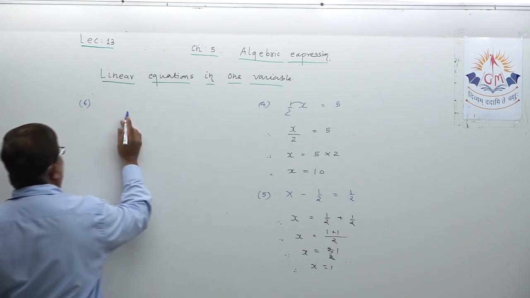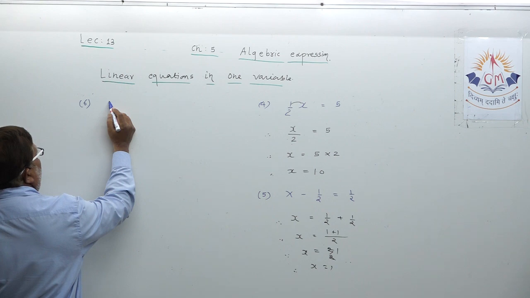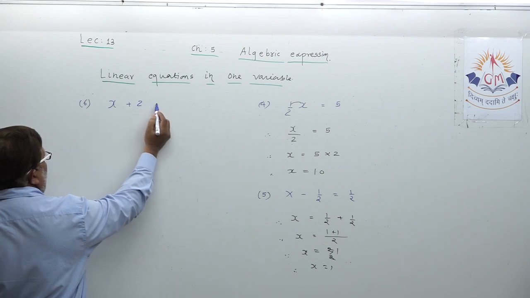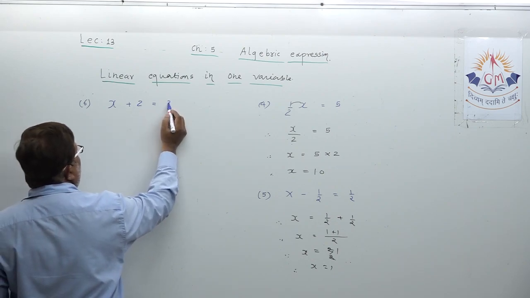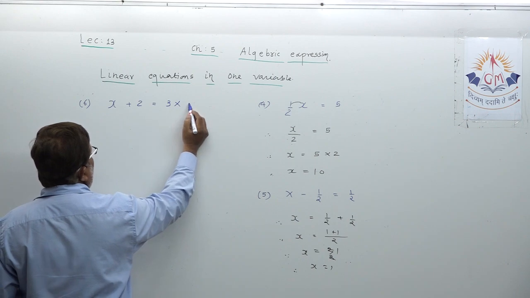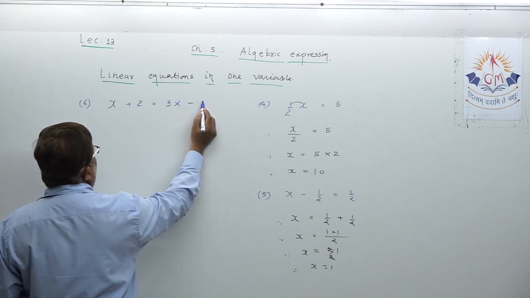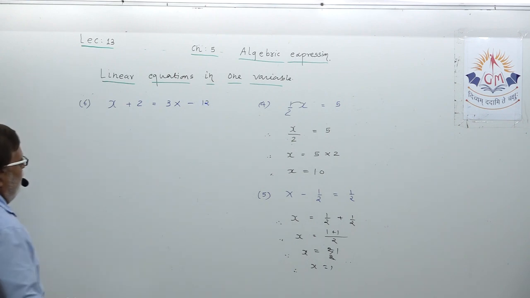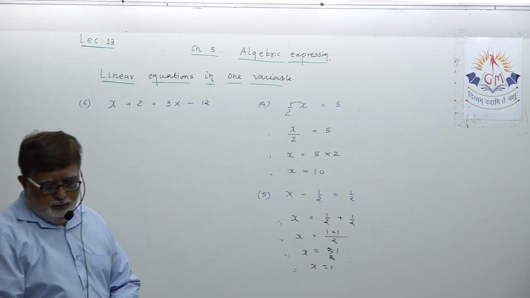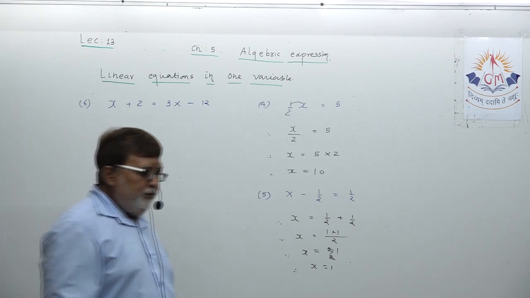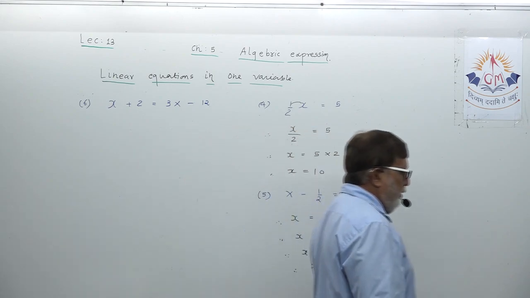Try to understand this. x plus 2 equal to 3x minus 12. See, dear student, first you be watchful regarding this equation. First you verify.